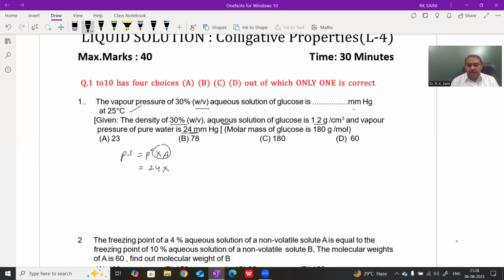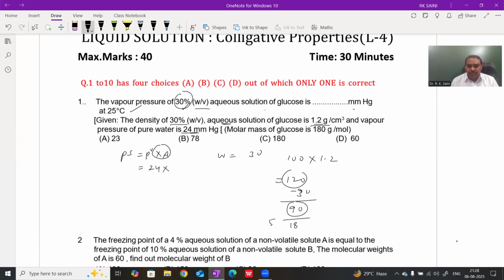Mole fraction of solvent. The total weight of solution is 30%, meaning 30 gram glucose is present in 100 ml of the solution, and the density is given as 1.2. Therefore, the total weight of solution is 120. Subtracting the weight of glucose, the total weight of solvent is 90 gram. Divide by 18.